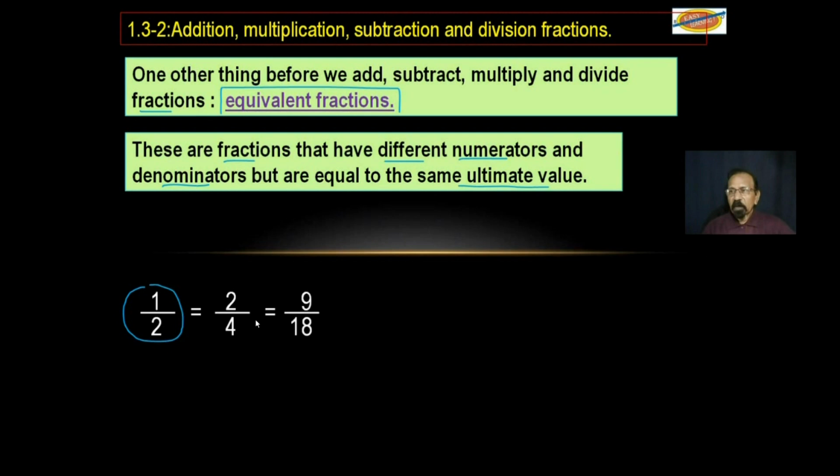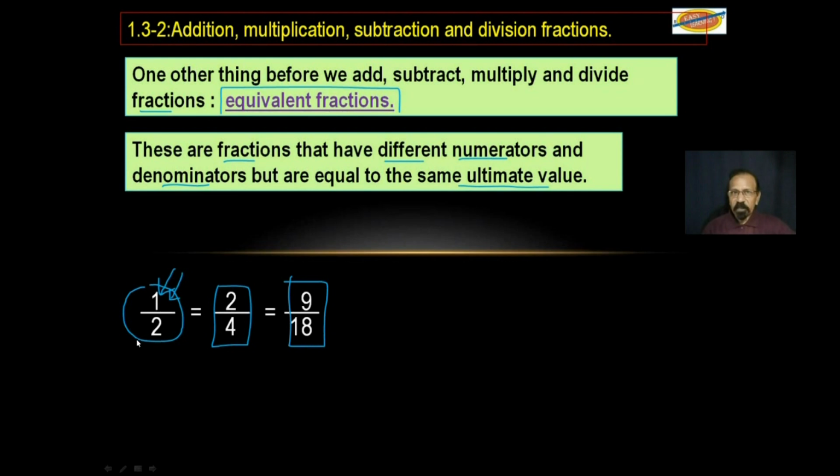And furthermore, 9 over 18. In other words, if you reduce the 2 over 4, you will eventually come to that half. And if you reduce the 9 over 18, you will eventually come to the same thing. So all of these that you see here are equivalent fractions.